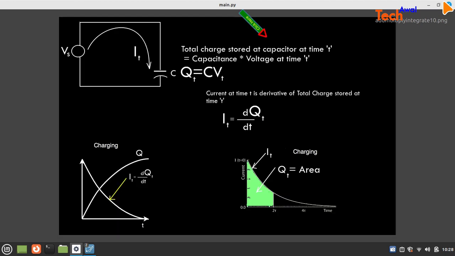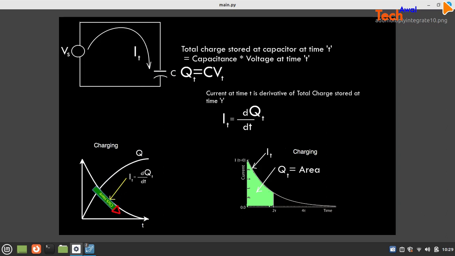Okay, so now we'll see a real scenario. Like I have a capacitor circuit. There is a voltage source, that is DC, and there is a capacitor. A capacitor is a kind of a battery which stores charge. This is a typical curve that we can see as time proceeds.